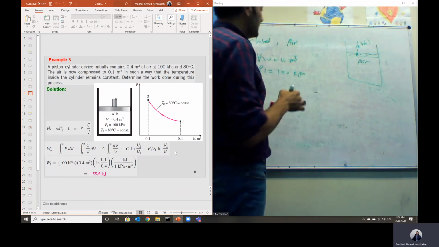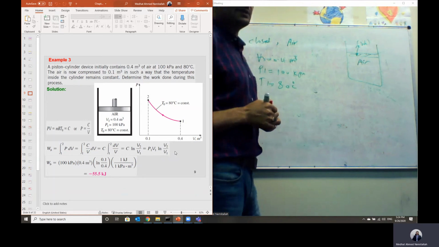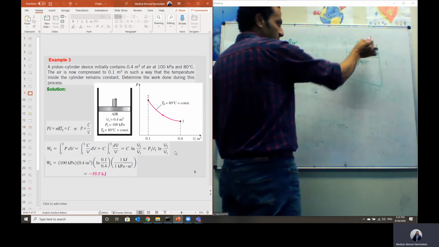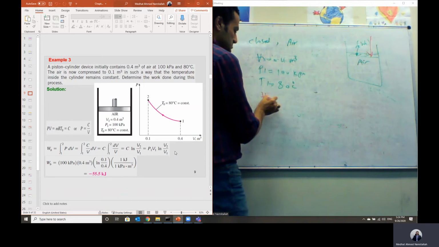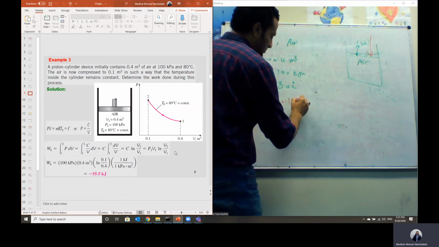Okay, and temperature T1 is equal to 80 degrees Celsius. The air is now compressed. We just compressed this piston. So the volume will be reduced. He said the volume V2 is equal to 0.1 meter cube.